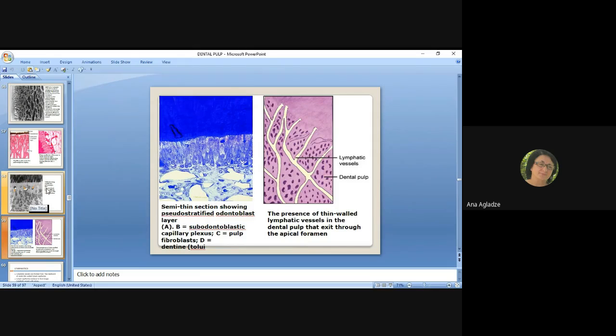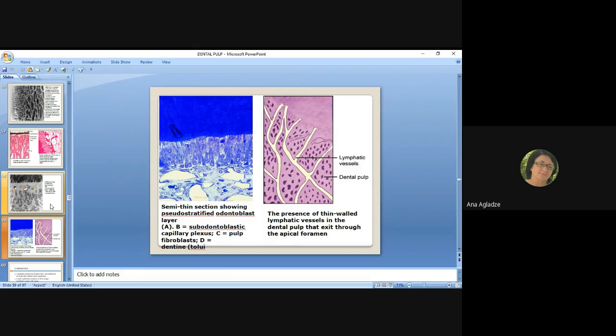You know that there are three types of capillaries. There are continuous capillaries, which are in muscles and in brain, and they have a continuous layer of endothelial cells and continuous basement membrane. The second type are fenestrated capillaries, which have fenestrations or small holes in the wall of the endothelial lining, but they have a continuous basement membrane.